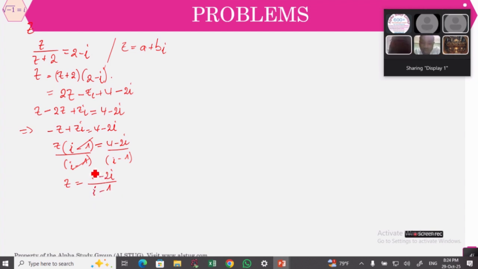Now, if you have been solving other problems with us, you discover that we almost always end up with something like this. So realizing the denominator should be something common to us, what we have to do now is multiply by the conjugate of the denominator, which is i plus 1 divided by i plus 1.